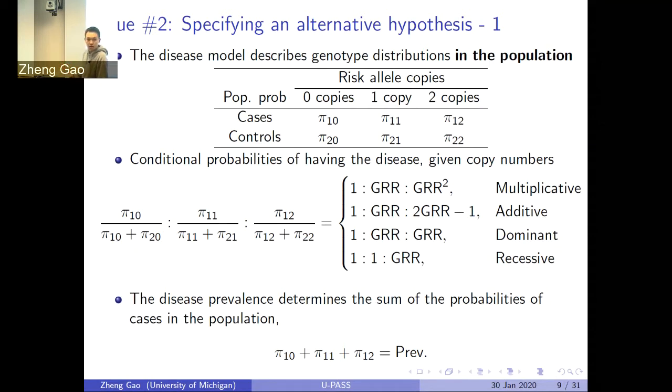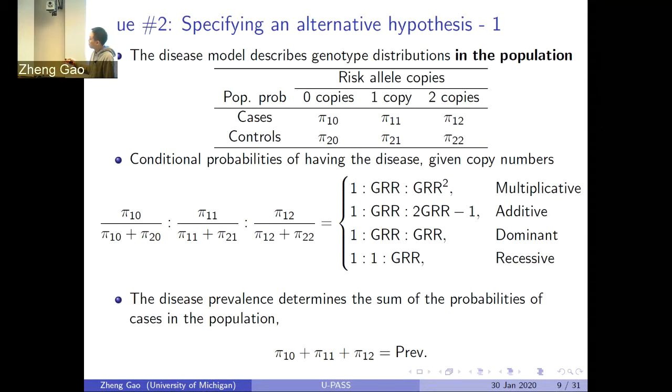What is the additive model? The additive model says that the probability progresses with a constant difference instead of a constant ratio. You can stop me at any time if you have questions. So this minus that is the same as GRR minus 1. Let's say if this is 0.1 and this is 0.2, then this is 0.3.